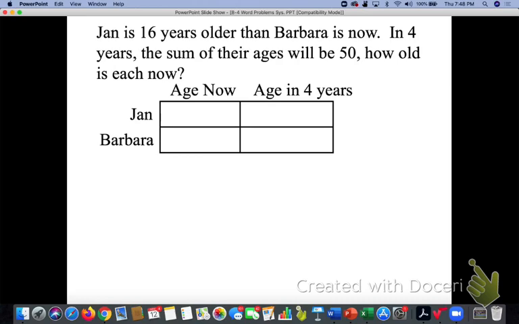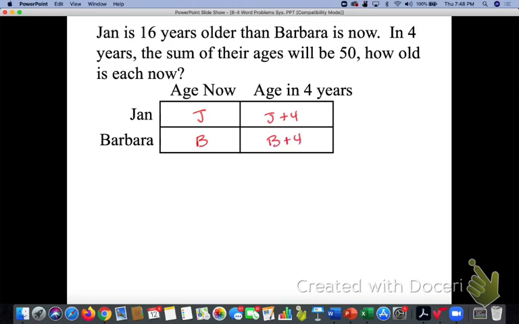So I'm going to call her J, and we'll call Barbara B. Now, the age in 4 years: Jan's age in 4 years will be J plus 4, and Barb will be B plus 4.